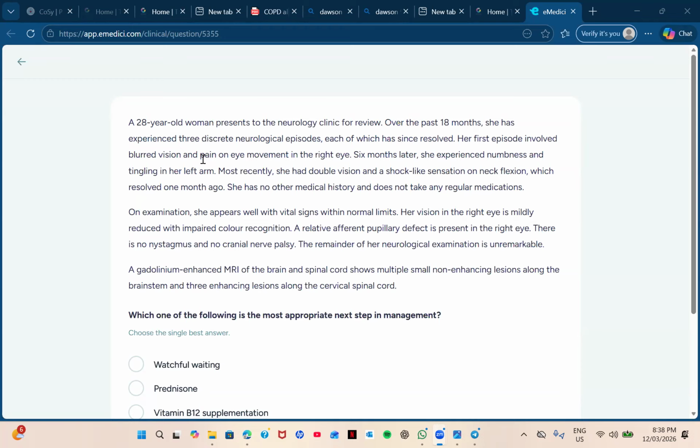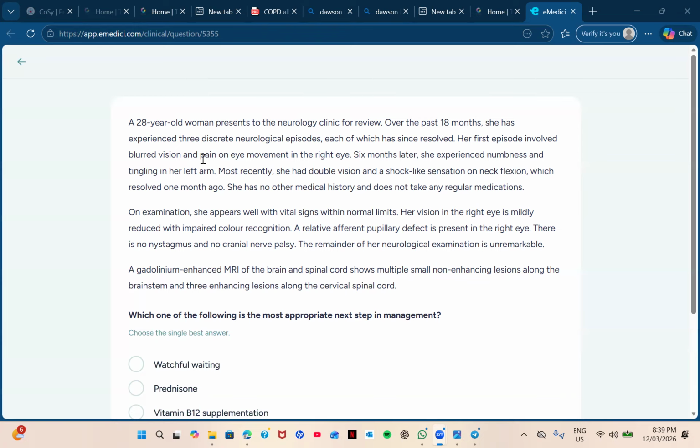Her first episode involved blurred vision and pain on eye movement in the right eye. 6 months later, she experienced numbness and tingling in her left arm. Most recently, she had double vision and a shock-like sensation on neck flexion, which resolved 1 month ago. She has no other medical history and does not take any regular medications.